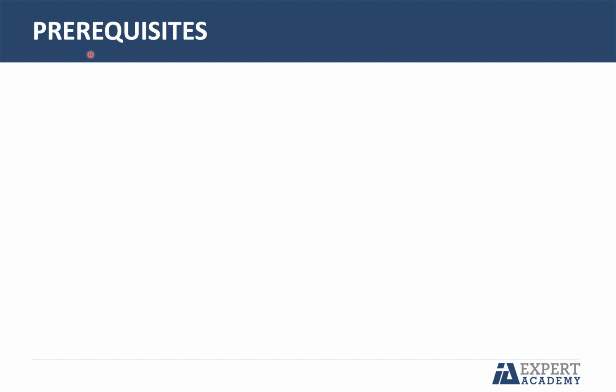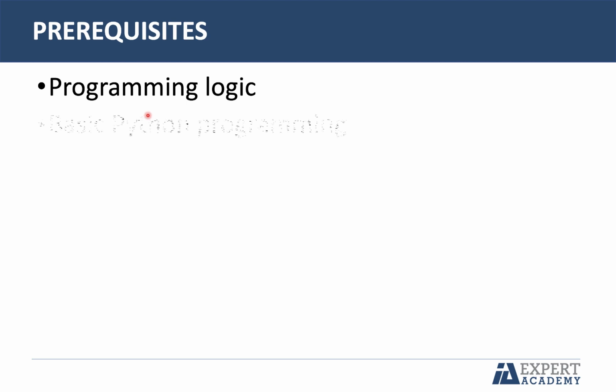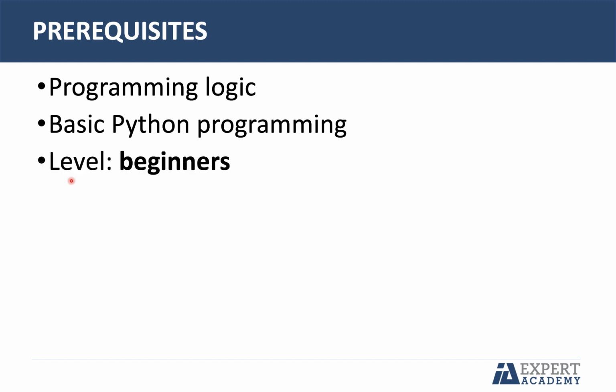Regarding prerequisites, you need to have basic knowledge of programming logic and also basic Python programming. The course level, as its name suggests, is for beginners in recommender systems who are taking their first steps in the field.